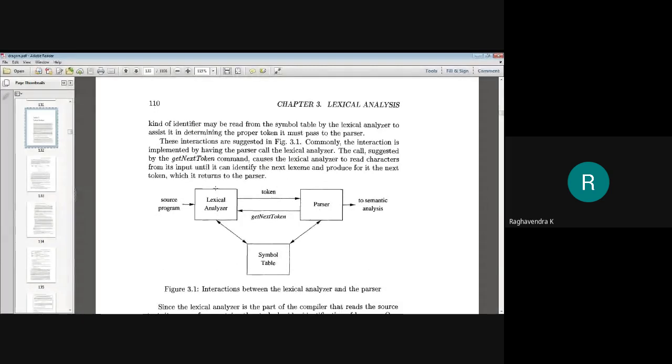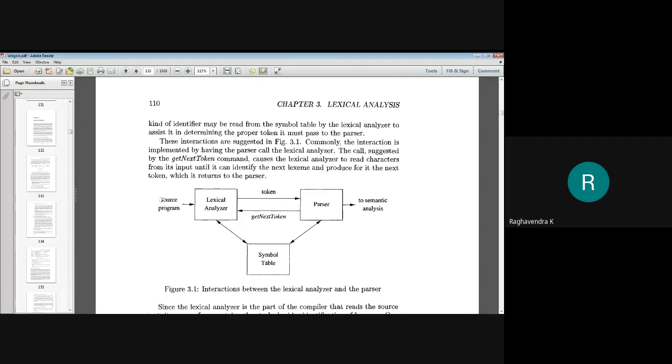The lexer gives tokens to the parser only when the parser asks. The parser invokes the lexical analyzer by a function called get next token, which is basically a call to the lexical analyzer.